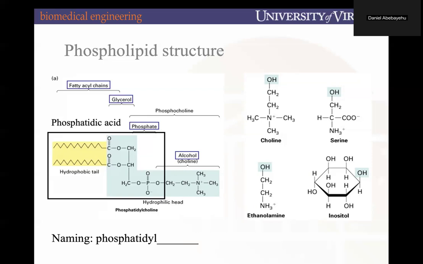So you'd refer to these as phosphatidylcholine, phosphatidylserine, phosphatidylethanolamine, and phosphatidylinositol. And so a key take-home piece of information here is that all phospholipids are made up of phosphatidic acid, a very hydrophobic fatty acid chain, a glycerol group, and a phosphate group. The last piece is the alcohol that is specific to each phospholipid.